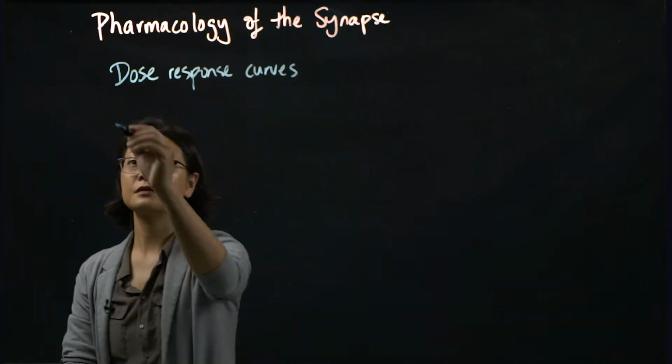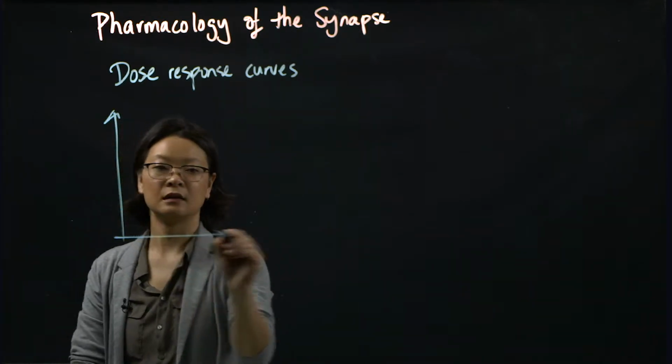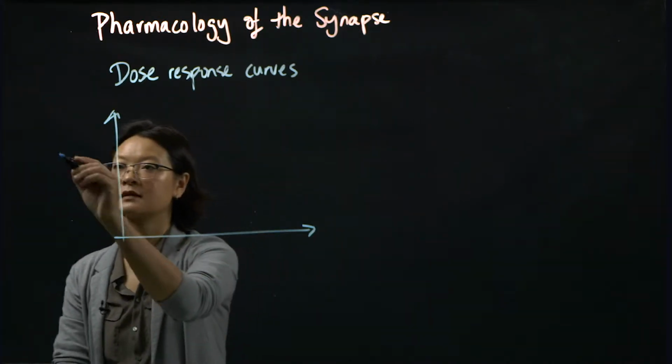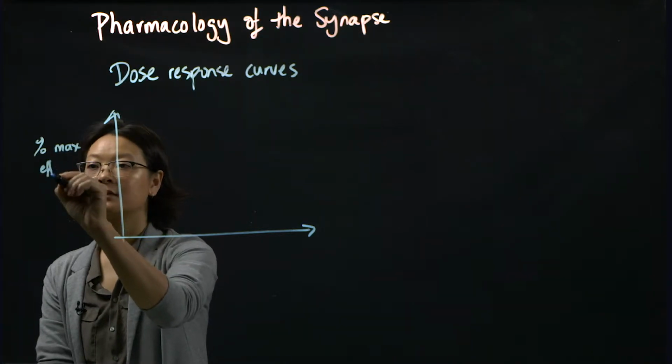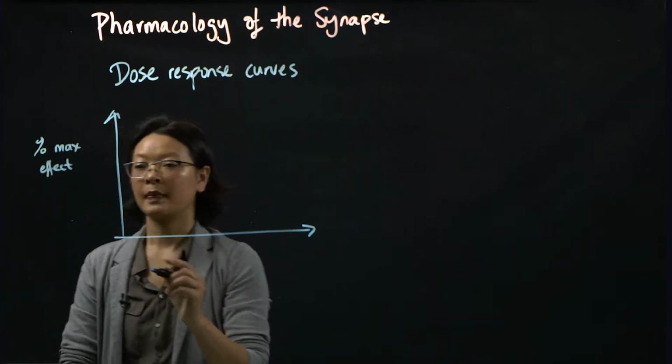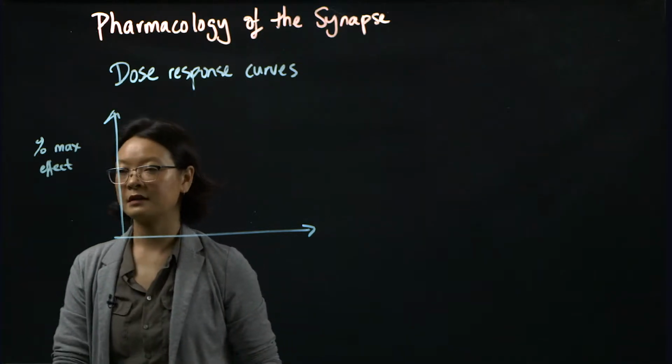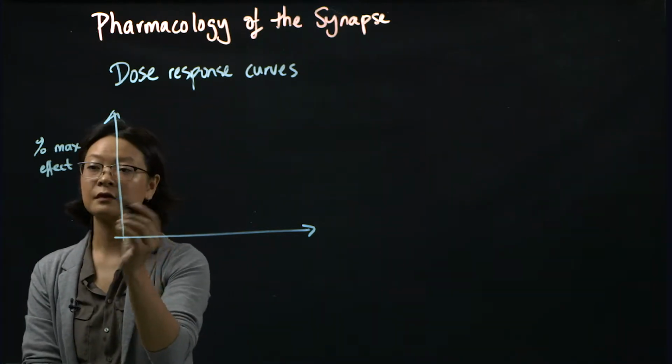So if I draw a dose-response curve like this, where this is the percent of maximal effect, and in pharmacology, this can actually pertain to a lot of different things.